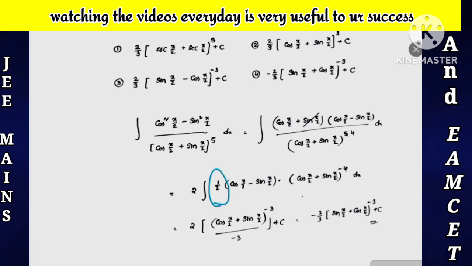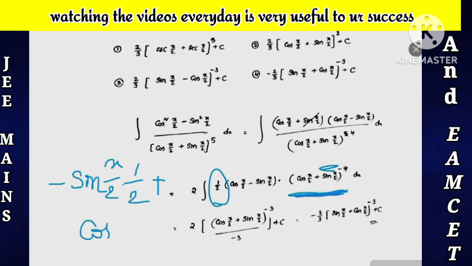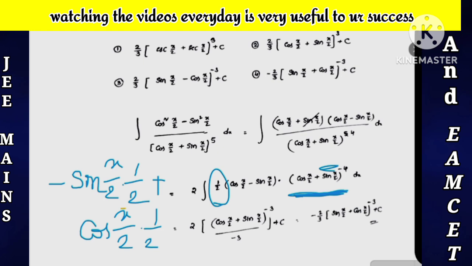Check here: what is the derivative of cos x by 2 plus sin x by 2? What is the derivative of cos x by 2? Cos x derivative is minus sin x, so the derivative of cos x by 2 is minus sin x by 2 into 1 by 2. Plus, what is the derivative of sin x by 2? It is cos x by 2 into the derivative of x by 2, which is 1 by 2. Now take 1 by 2 common from these two terms. Then what you get? 1 by 2 into (cos x by 2 minus sin x by 2).